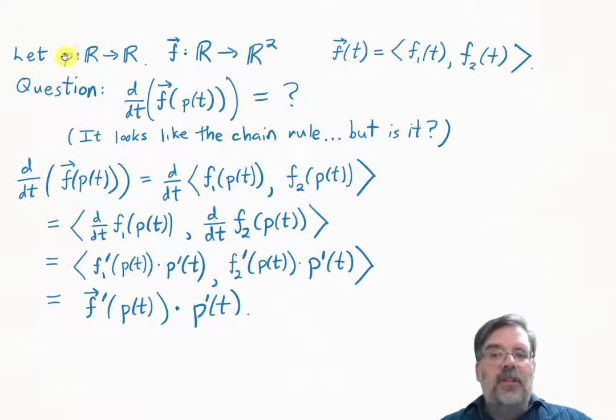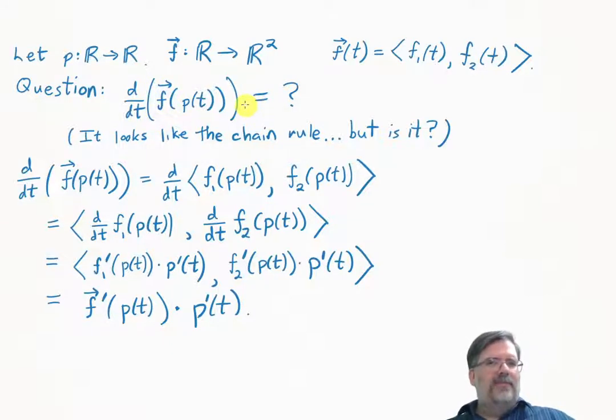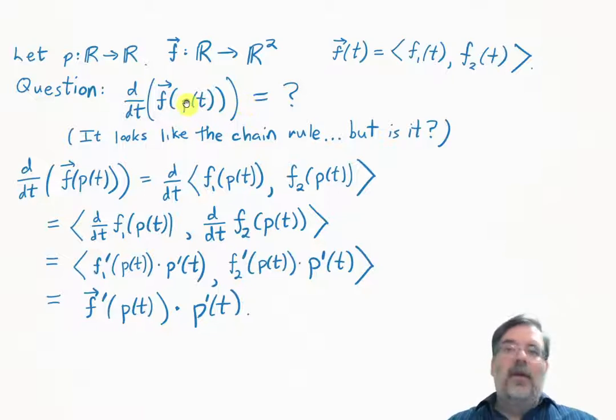So we could actually use the result of the function p of t as our input for the vector function f. What's the derivative of this? It looks like the chain rule, but is it? Spoiler, yes. But in order to check that, we just do some algebra.